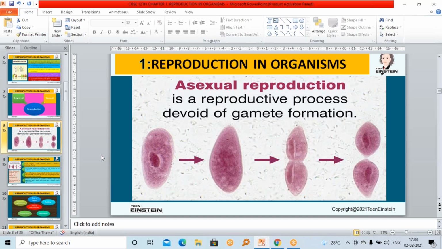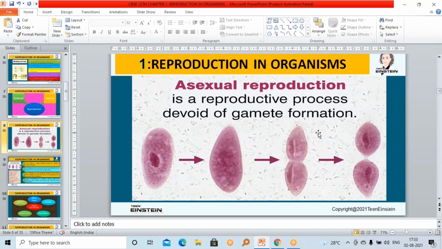So what is asexual reproduction? There is no gamete formation in the case of asexual reproduction.